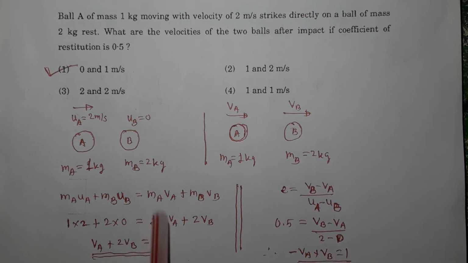If I substitute these values in the law of conservation of momentum, then mA into uA, mA is 1, uA is 2, so 1 into 2 is 2, that is the momentum before impact, because B's momentum will be 0 as its velocity is 0. After impact also you get 2, which simply means that the values which we have obtained are correct. So option 1 is the correct.